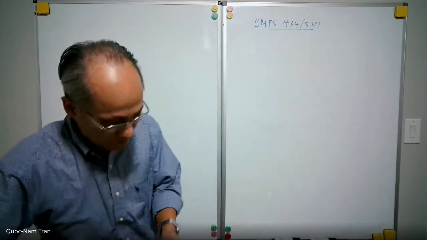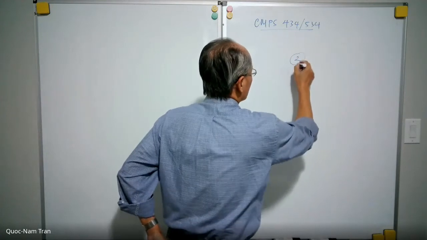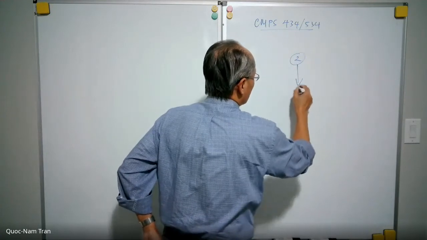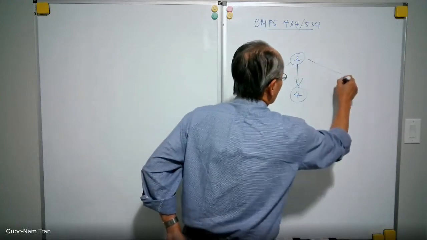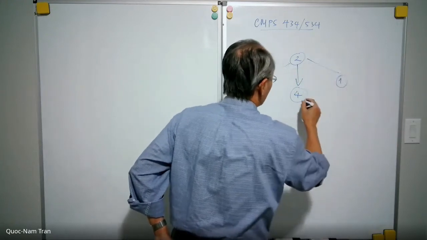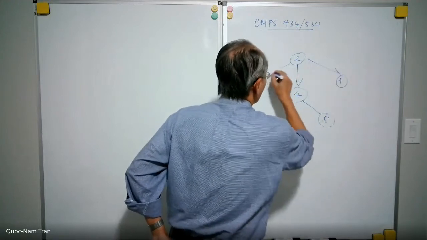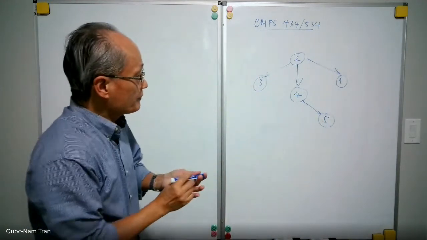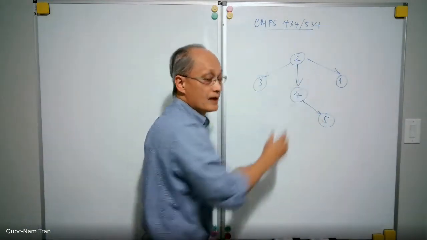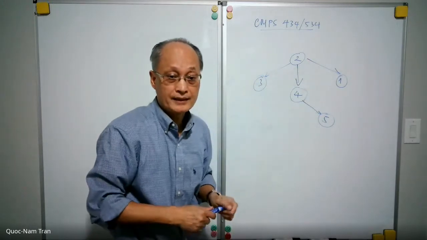Say we have the following graph with nodes 2, 4, 3, 1, and then from here we have 5. So that's it. We have 5 events and 4 constraints, right?